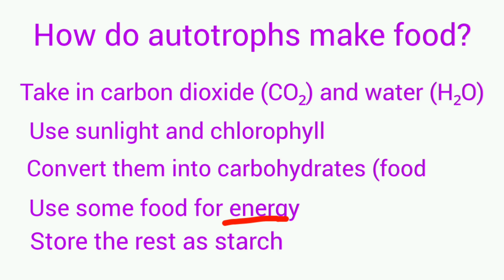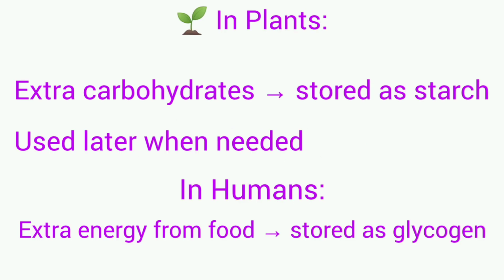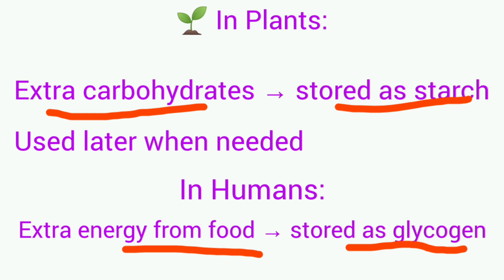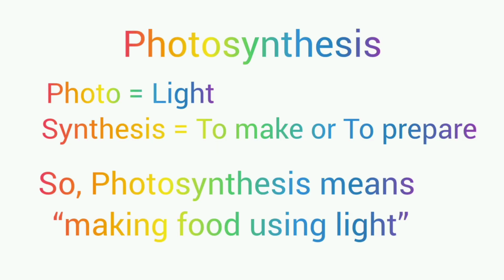The carbohydrates made by plants are not used all at once. The extra carbohydrate prepared by green plants is stored inside the plant in the form of starch, and this starch acts like an energy bank, so the plant can use it later whenever needed. A similar thing happens in our body too. Some of the energy from the food we eat is stored as glycogen in our muscles and liver.